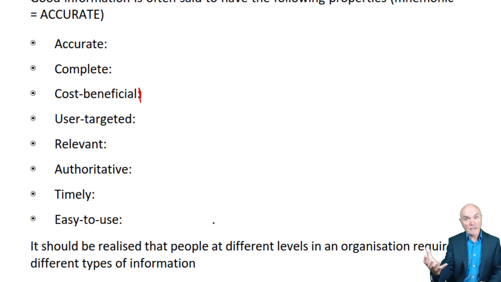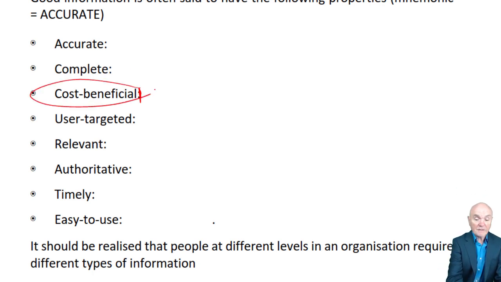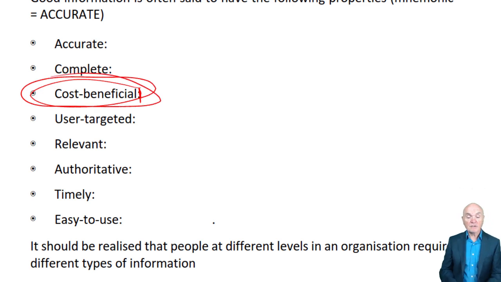It has to be justified by the benefits. Similarly with information. And the finance department can play a large part here in trying to work out certain measures as to how useful the information is, and whether it's actually worth producing this report every month if hardly anyone reads it.